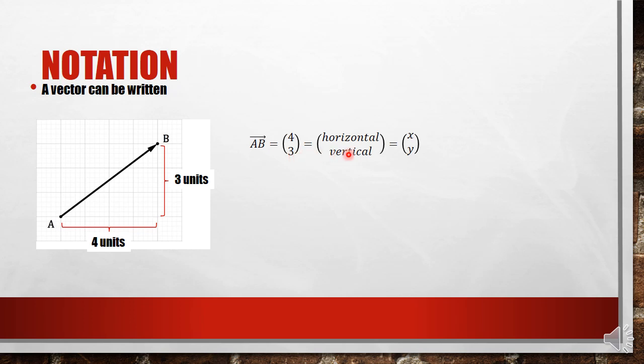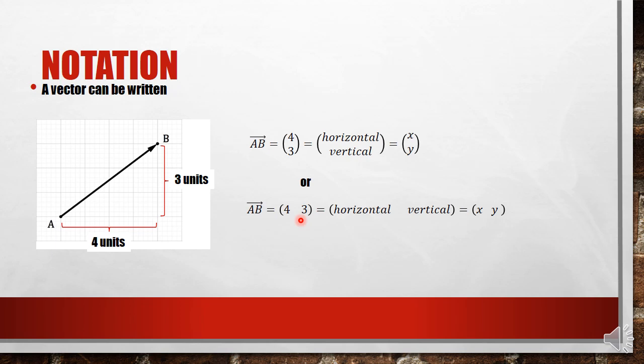Okay, this is what we call a column vector. Or in Cartesian coordinates, the horizontal direction is the x direction, the vertical direction is the y direction. Or you can also write it as an arrow vector, like this.